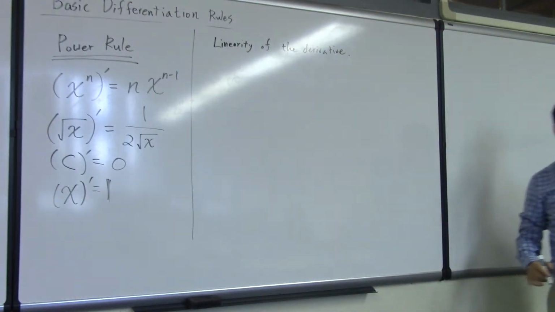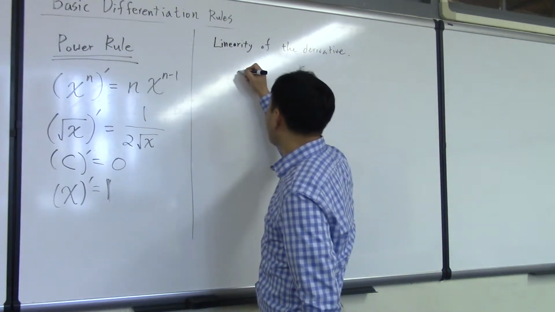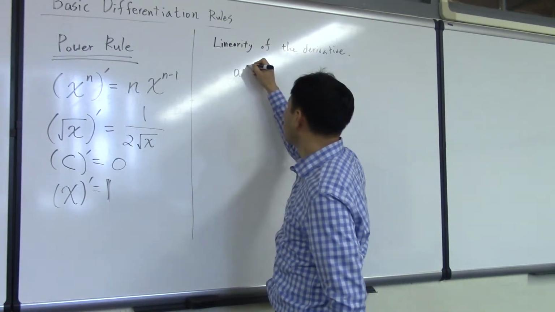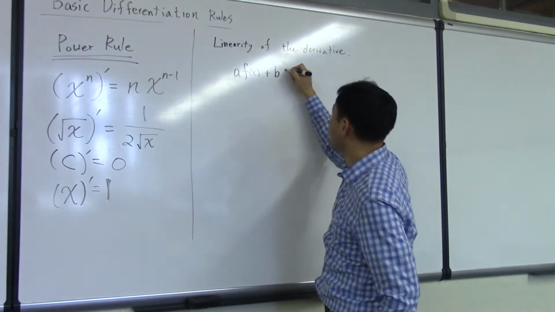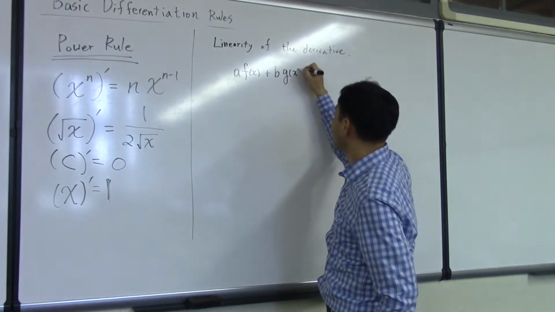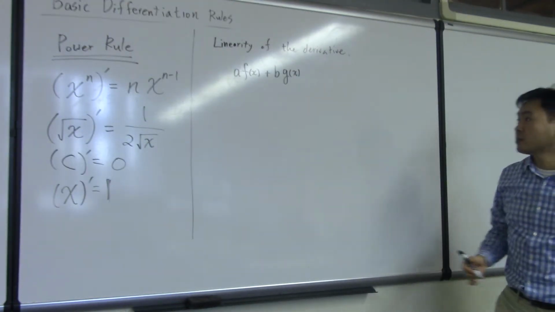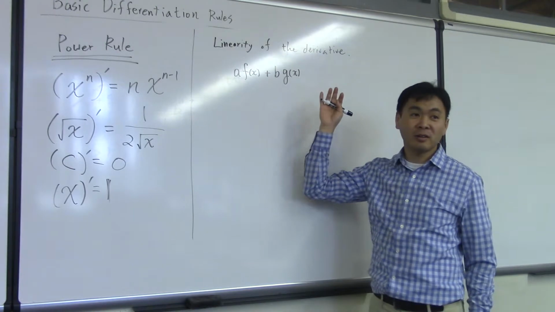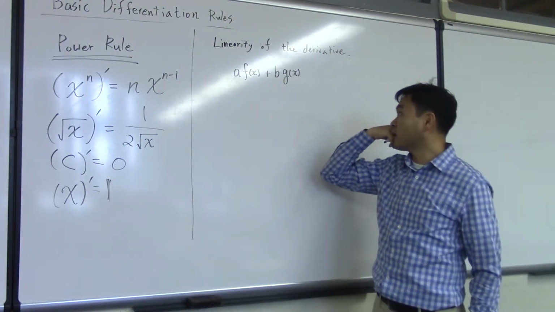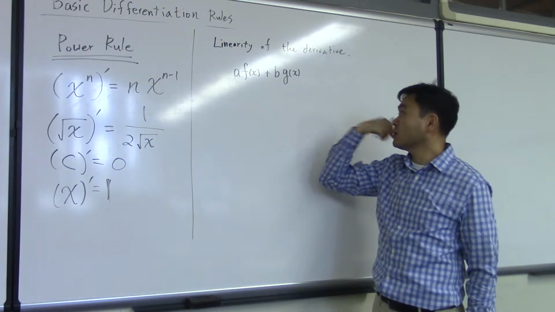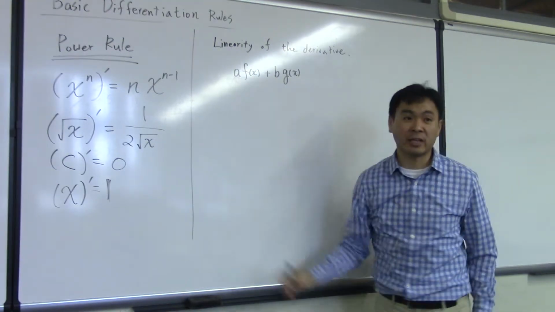What is the linearity of the derivative? It's the following. If you have some constant times a function plus another constant times a function, so you're making new functions out of two functions where you have constants multiplied, and you're adding them.